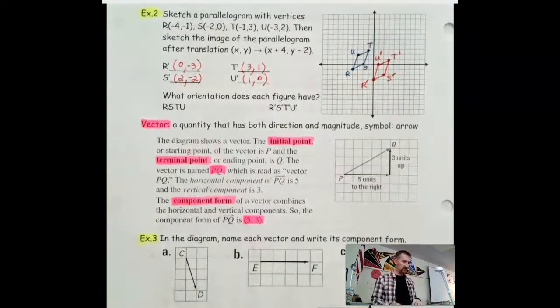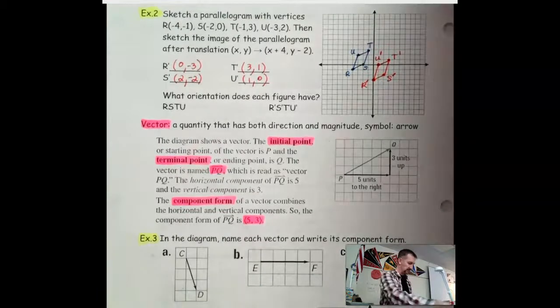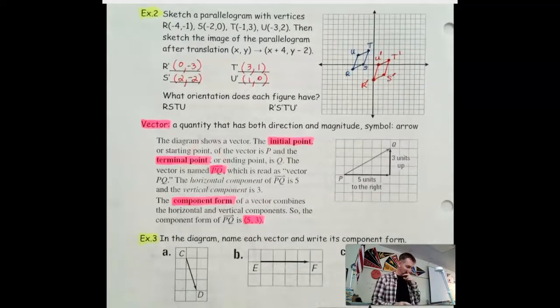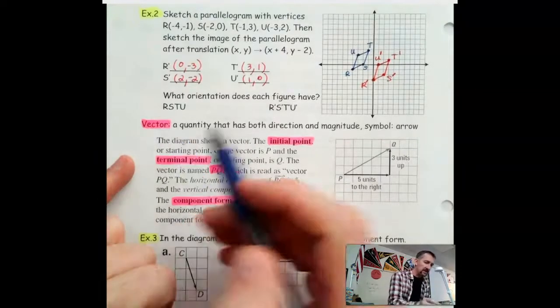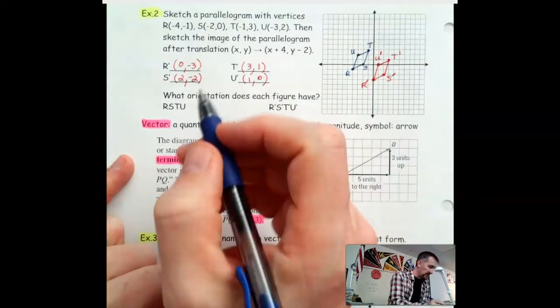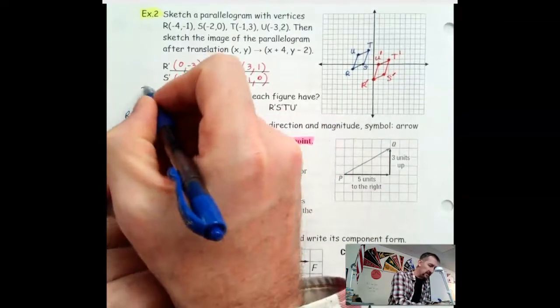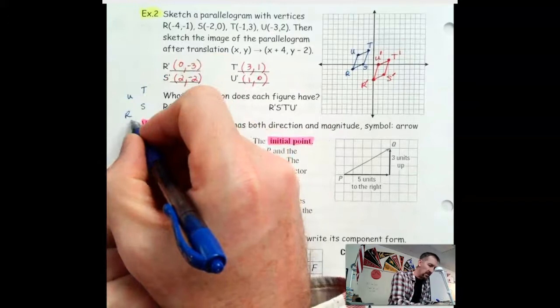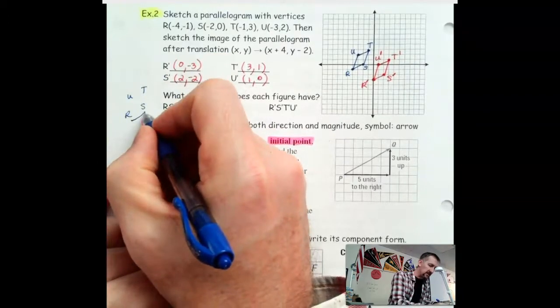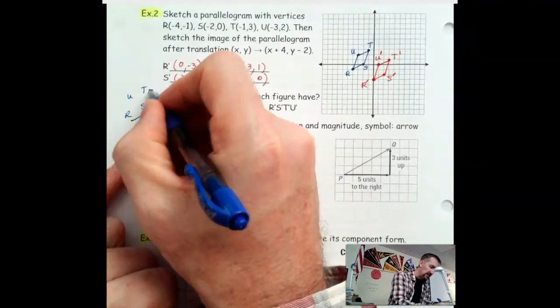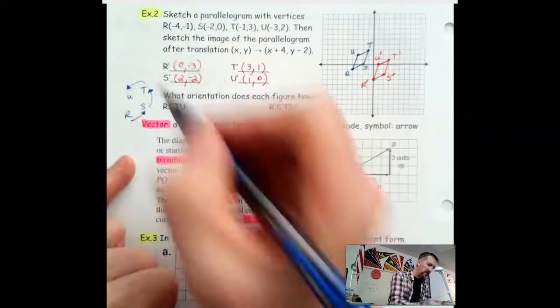Okay, orientation, we've talked about this before. We're going to do the same kind of thing there. So if you look at that, we have RSTU.